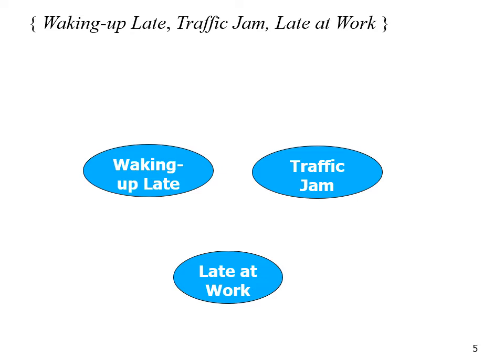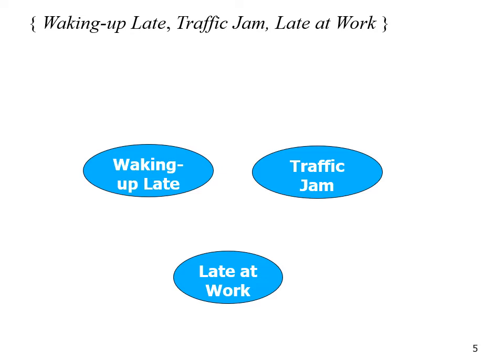Here we have the dependencies. What are the dependencies? Due to waking up late, it is possible to get late at work. Also, as there was a traffic jam, this may influence the event late at work.